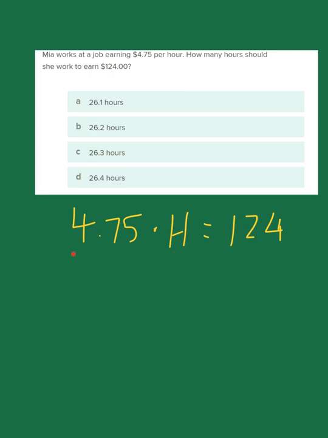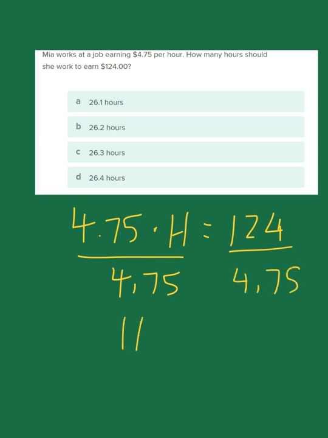So when I multiply these two numbers together, the amount that she makes per hour and the number of hours that she works, that's going to equal the amount of pay she receives. And in this problem, we want Mia to receive $124. So how are we going to figure out how many hours that she works? Well, we have to divide both sides by $4.75.